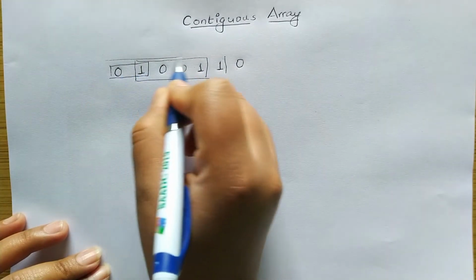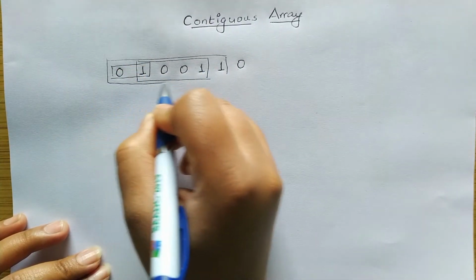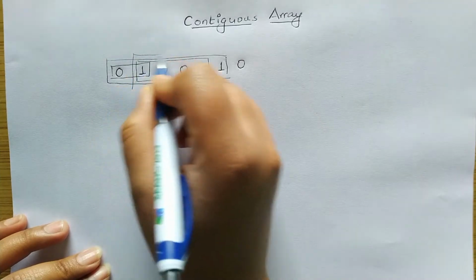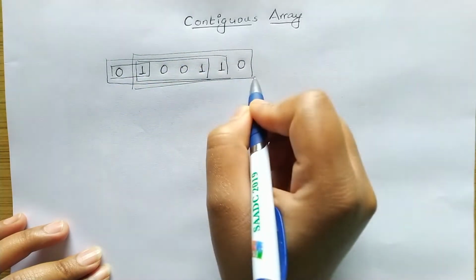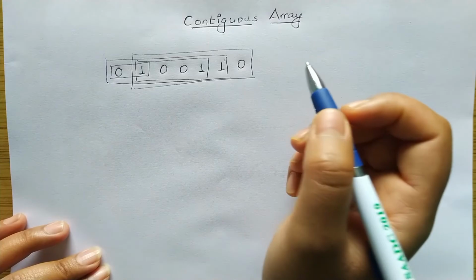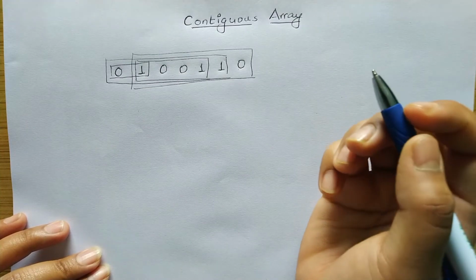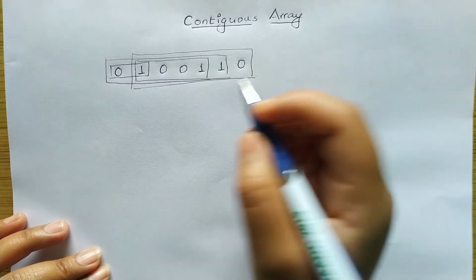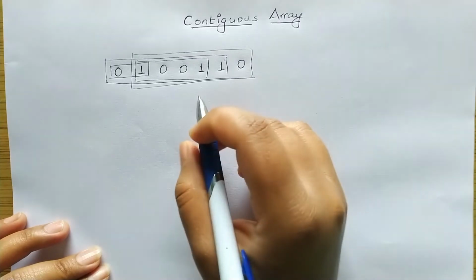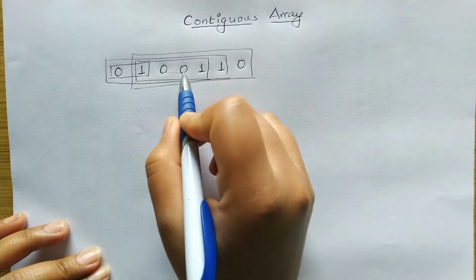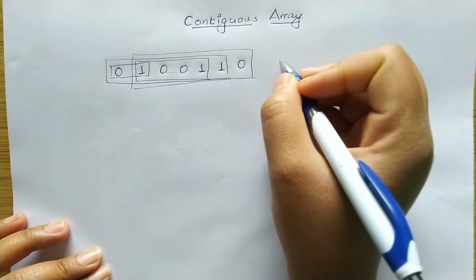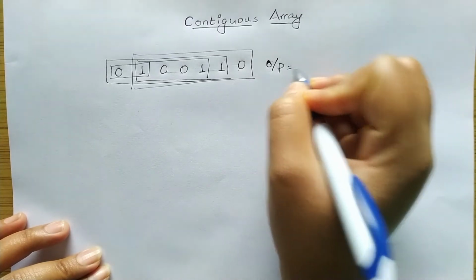This is also a sub-array with an equal number of zeros and ones, and so is this one. So basically we have to find the largest one. We do not care about where it is located. The greatest one will have length 1 2 3 4 5 6, so our output will be 6.